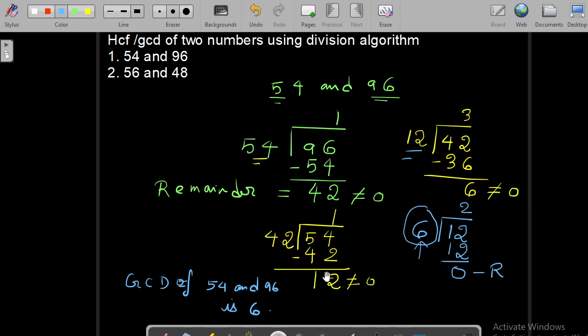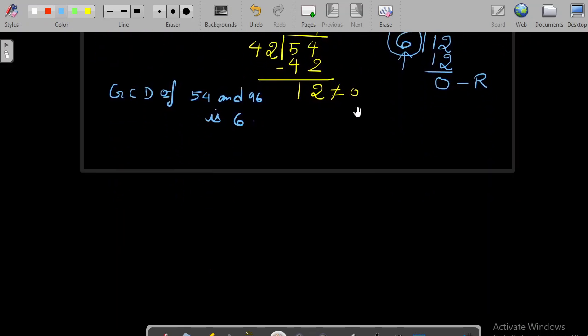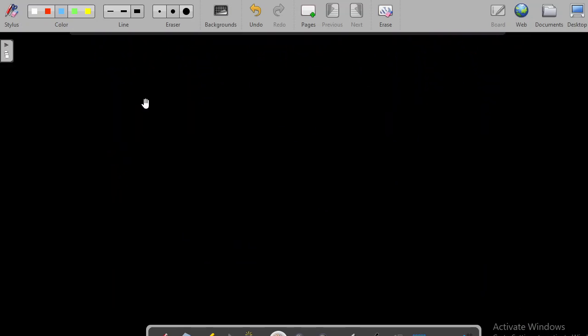Now we will understand this division algorithm with the help of another example: 56 and 48. Among 56 and 48, which number is greater? Of course, 56, and the smaller number is 48.